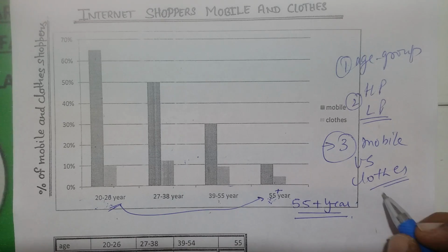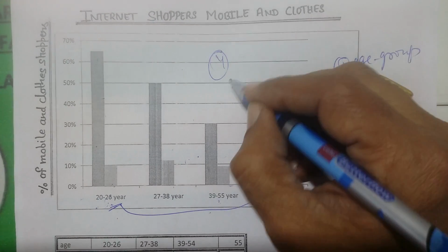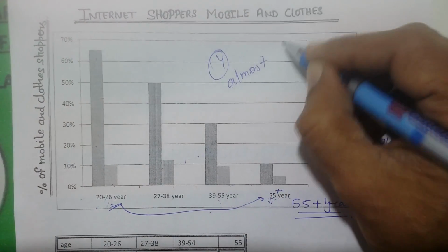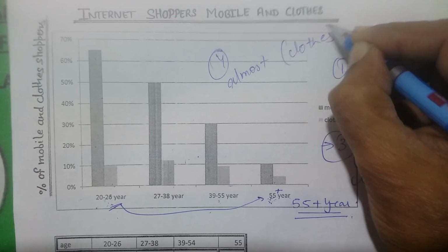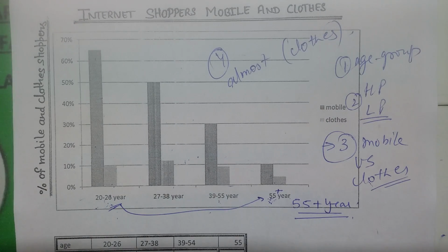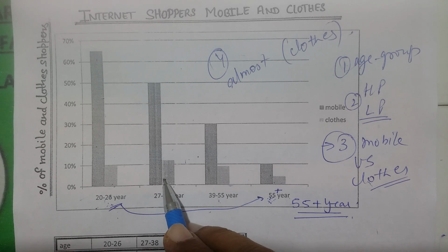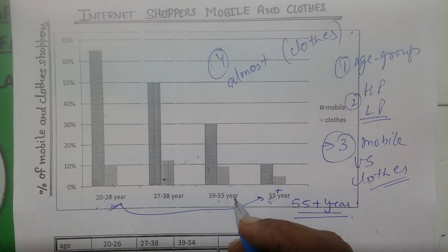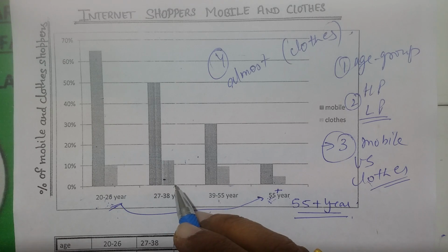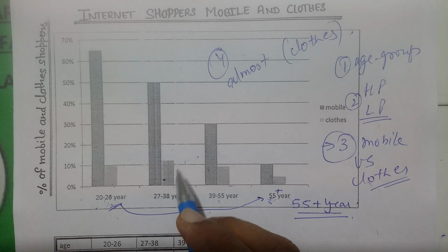So this is also my point here, fourth point, almost the same in case of clothes. And another one, whatever I am thinking here, which group has purchased more clothes also I can say, and which has purchased the fewest also. So I can also work on this one.